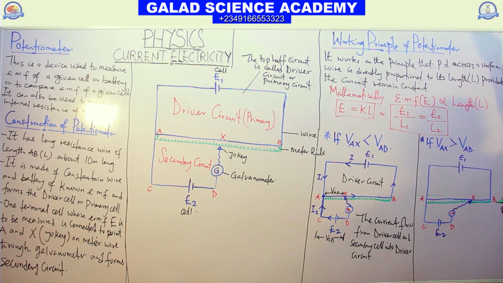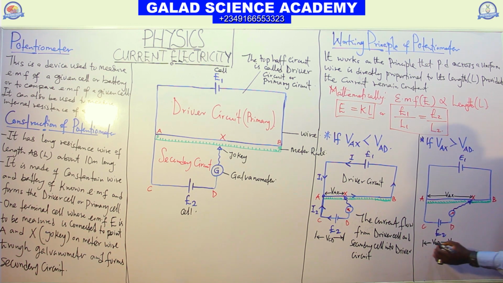So if you deflect like this, what happens to the direction of the current? If you come like this, Abi, again, this distance here, this is VAX.